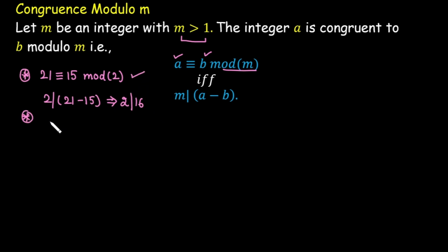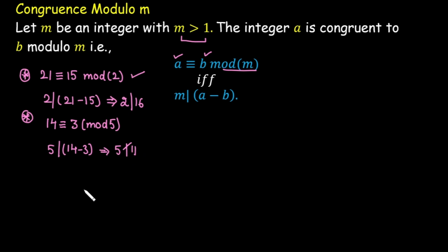And if I write 14 is congruent to 3 mod 5, whether this is correct, means we need to check whether 5 divides 14 minus 3. 14 minus 3 is 11. Whether 5 divides 11?